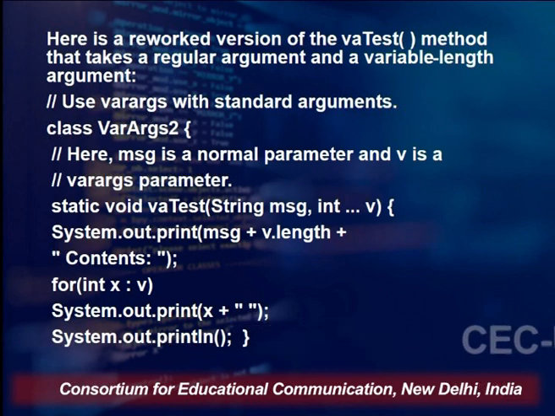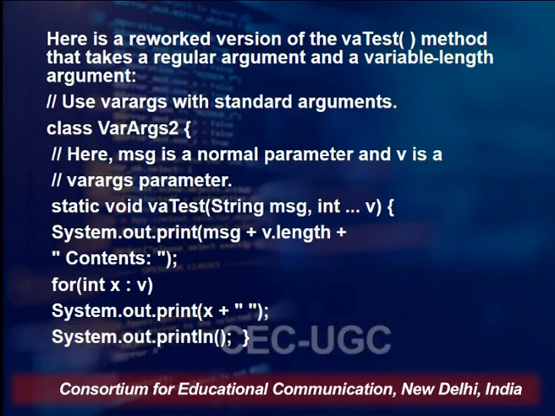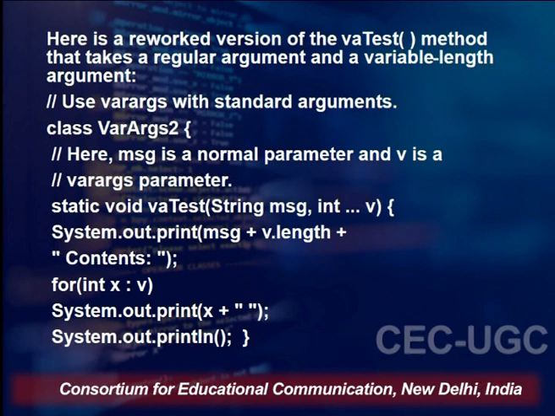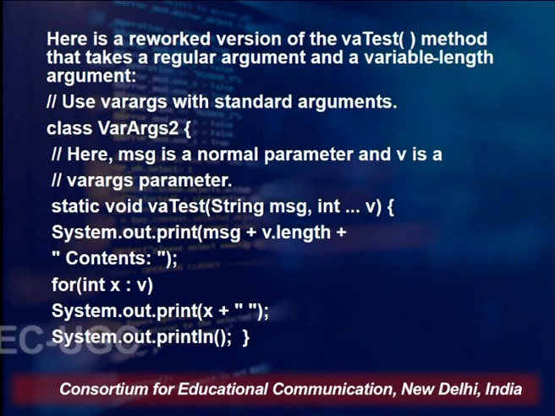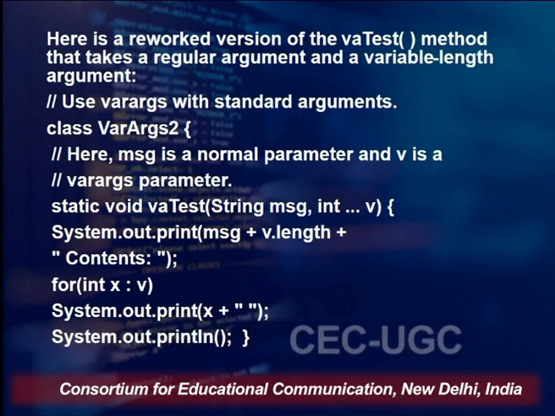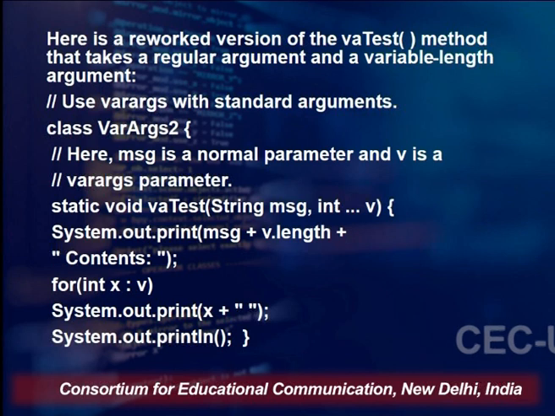The class is VarArgs. We will be using a normal message, which is a normal parameter, and then a variable length argument. So static void varTest, String message is there, and then int... v, which is a variable length argument.